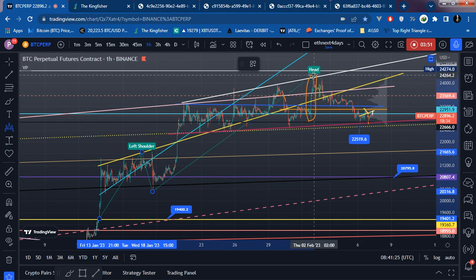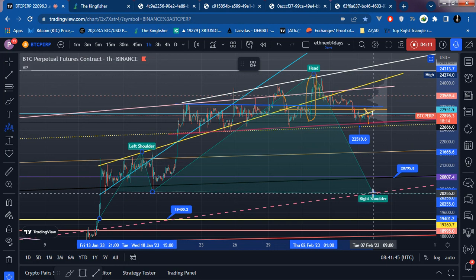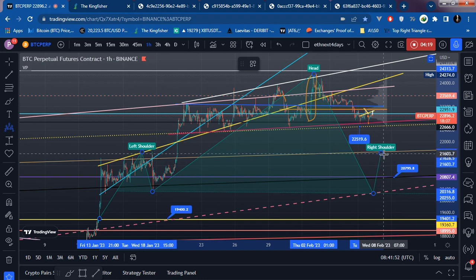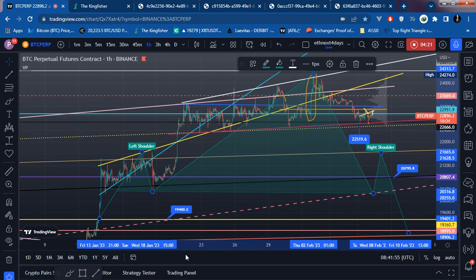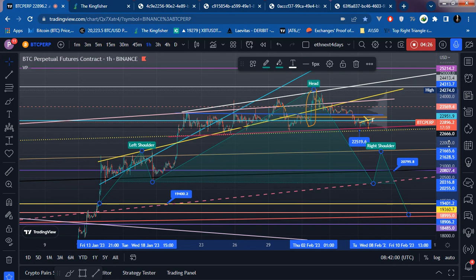Okay, so now this is the head. Now usually Bitcoin, when it's doing the right shoulder, it goes lower than before. It goes lower than the neckline, which would be around this dashed pink area. Then we come back, we test the top of that left shoulder around here, and then we continue downside. It's a scuffed head and shoulders, I know, but you never get a perfect head and shoulders.